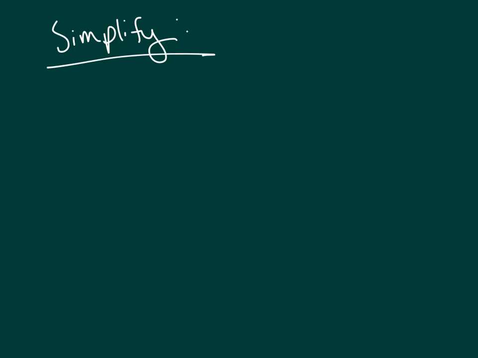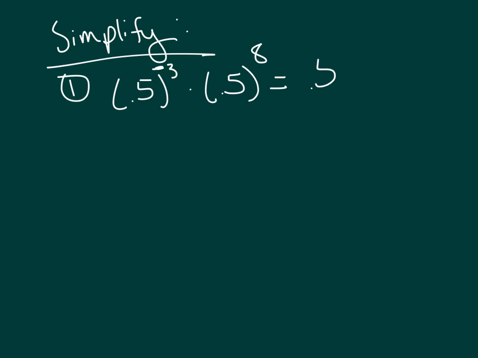If you had 0.5 to the negative third times 0.5 to the eighth, we can just go ahead and make that 0.5 to the negative 3 plus 8, which is 0.5 to the 5.